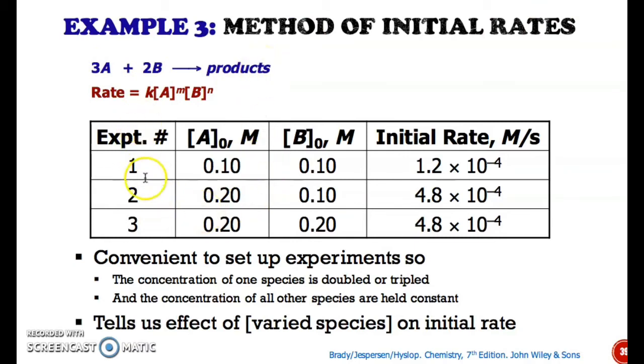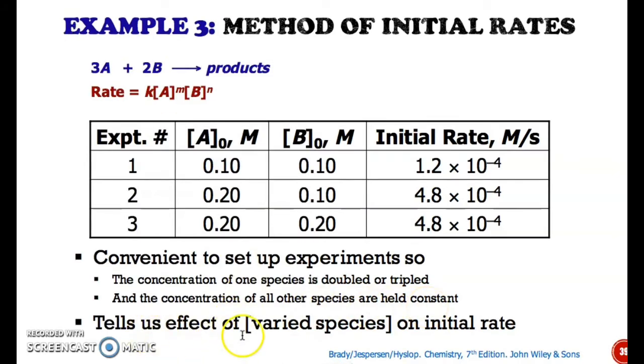And we have experiments 1, 2, and 3. This is the concentration of A and B, and this is the initial rate. It is convenient to set up experiments so the concentration of one species is doubled or tripled, and the concentrations of all other species are held constant.